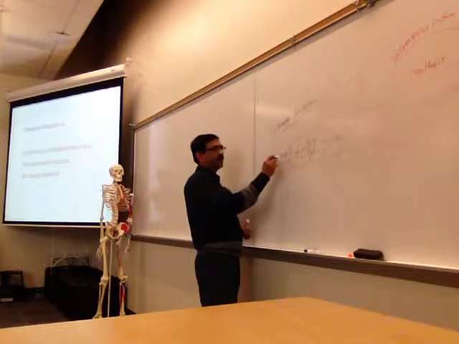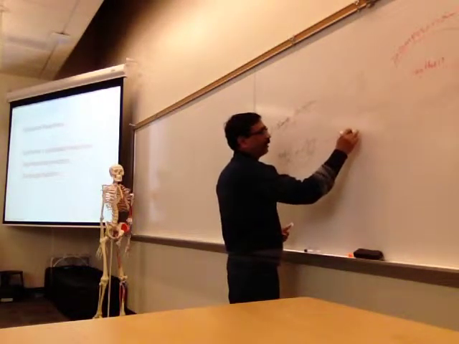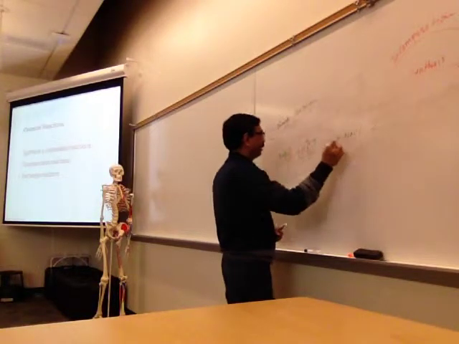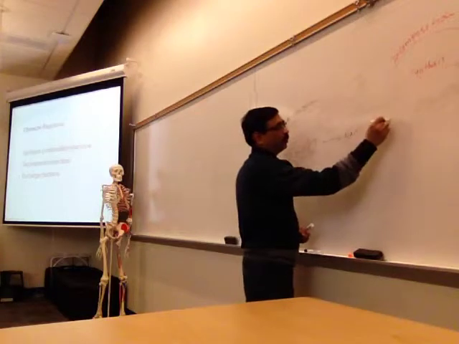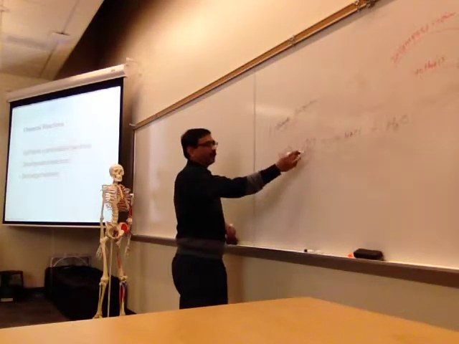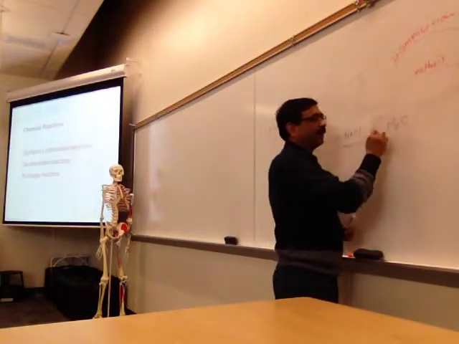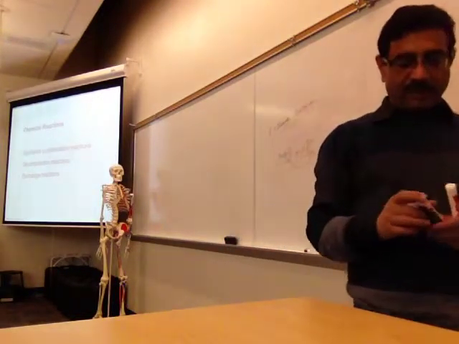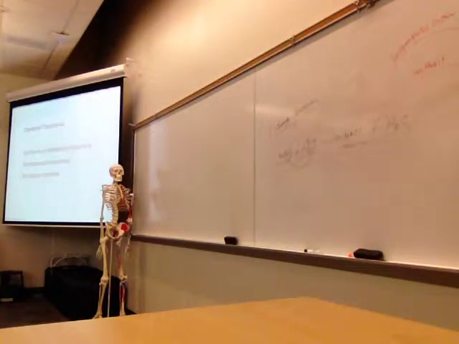So let's see what happens. If this part comes here, it will become sodium chloride, that's the salt, and when this part goes there, that will form water, H2O. So you see, two molecules have exchanged their parts to produce new molecules, salt and water. So that is an example of the exchange reaction.